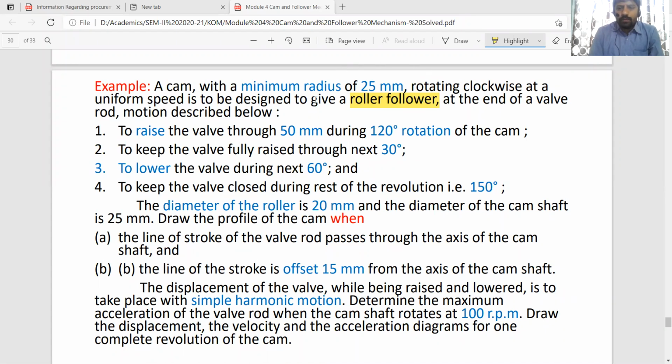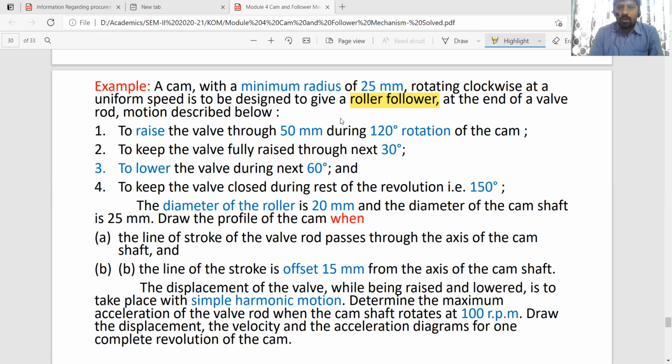So today we are going to solve this example, which is based on CAM profile, okay, with given conditions of various angles like angle of rise, return, dwell, then condition of motion, which type of motion is there, which type of follower is there.